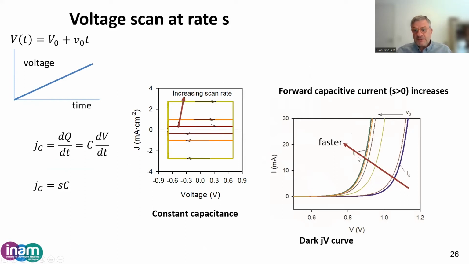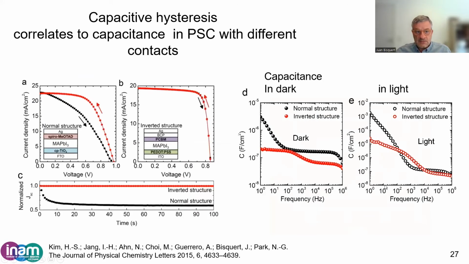So you add a current so that the forward current is larger in absolute value than the steady state current. And this was related in 2015 already, correlating the hysteresis with the interfacial capacitance of the perovskite solar cell.